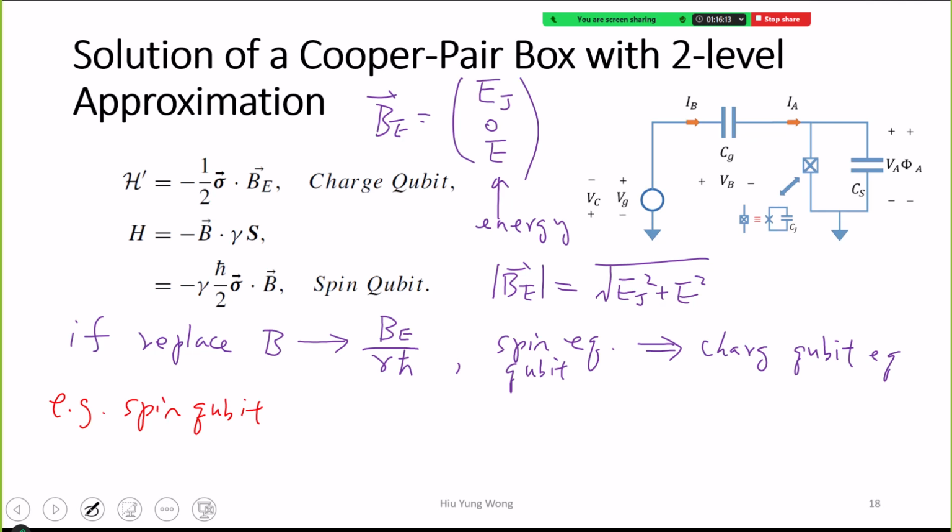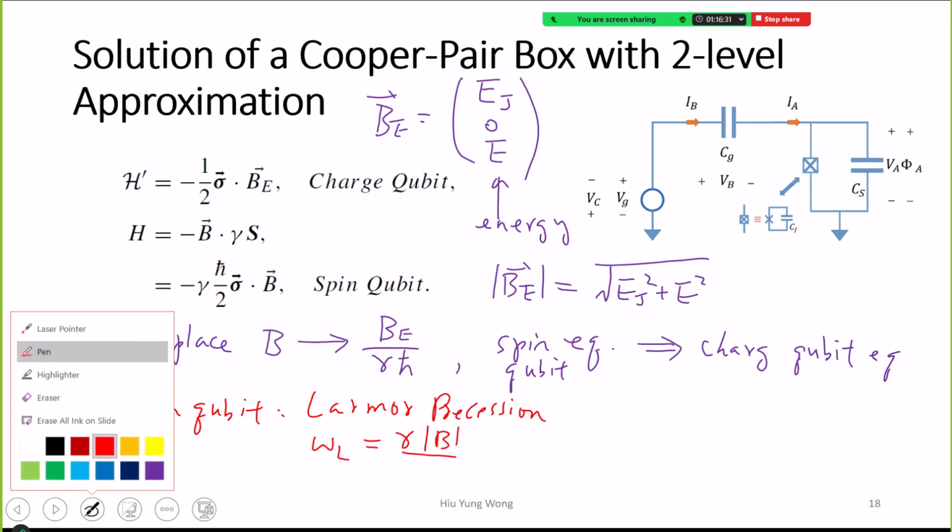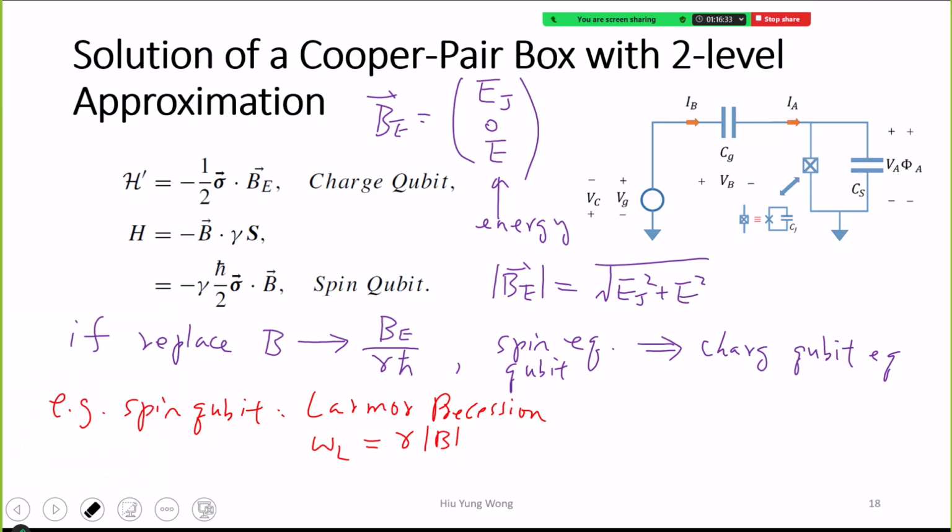Larmor precession, right? The Larmor precession has a frequency omega L equals gamma B. I forgot all the math.